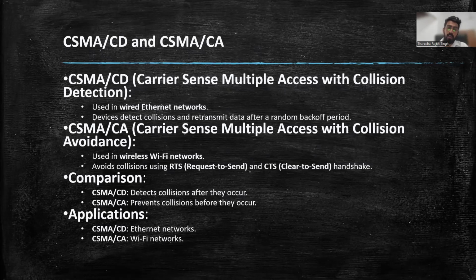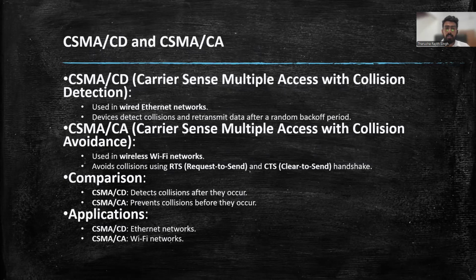The device then transmits its data, and this handshake ensures that other devices defer their transmission, preventing collisions. CSMA-CA is essential in wireless networks where collision detection is challenging due to the hidden terminal problem.